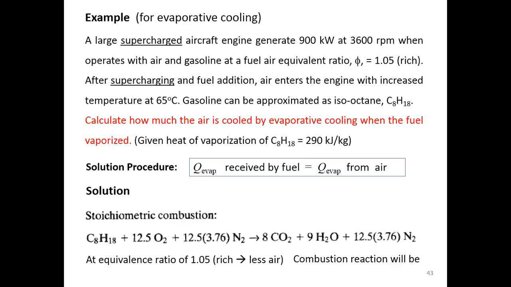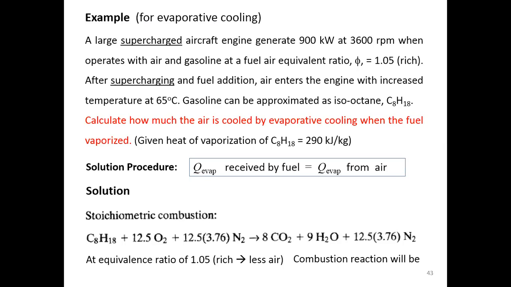Okay, so look at the example to calculate the evaporative cooling. We have a large supercharged aircraft engine. Engines in aircraft normally use the benefit of evaporative cooling more than our internal combustion engine.